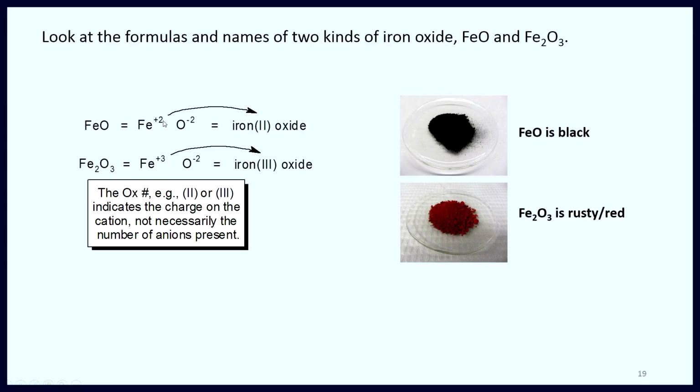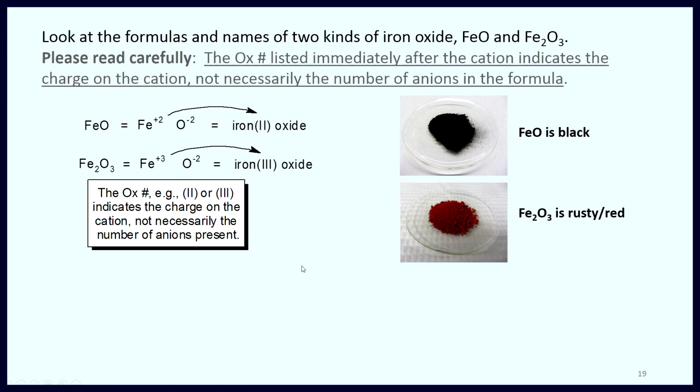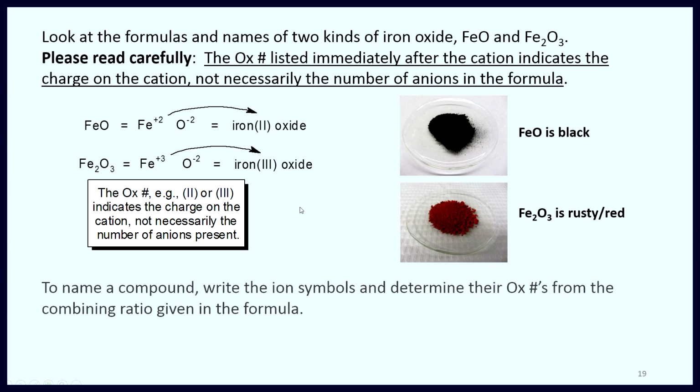But notice it does not work here. The oxidation number of 2 is not the same as the number of oxygens in the formula. So, please note carefully: the oxidation number listed immediately after the cation in the name indicates the charge on the cation and not necessarily the number of anions in the formula.